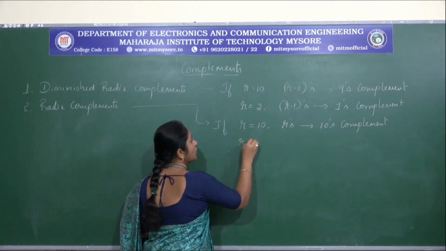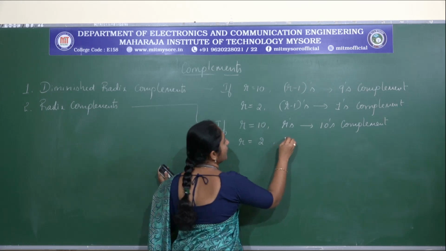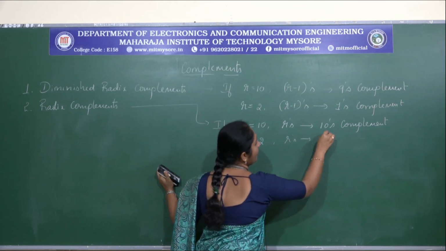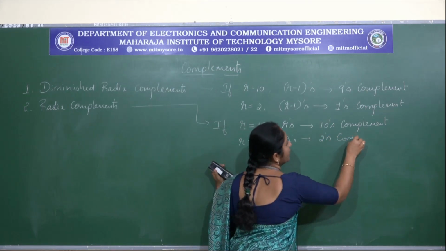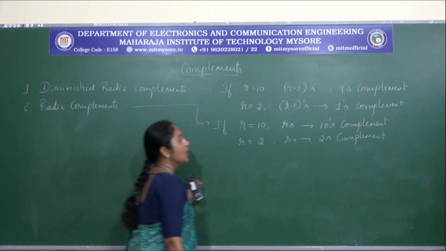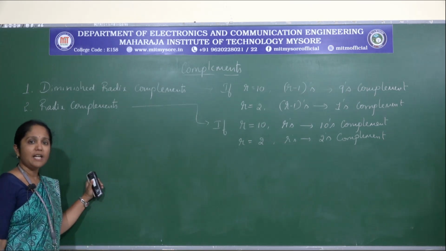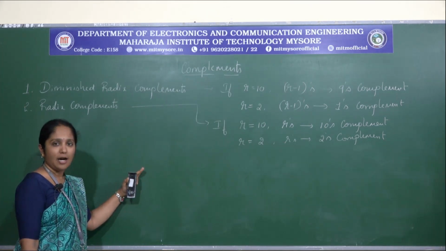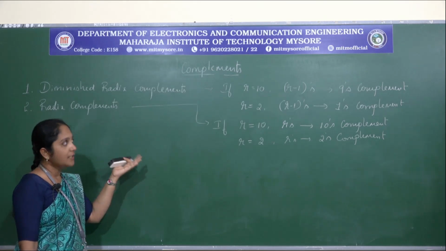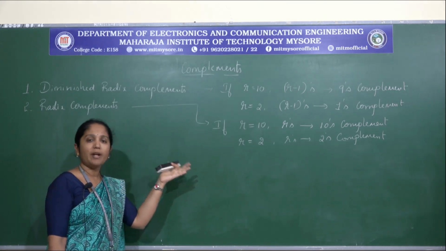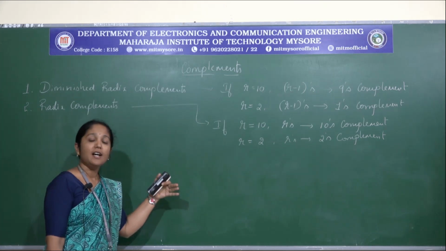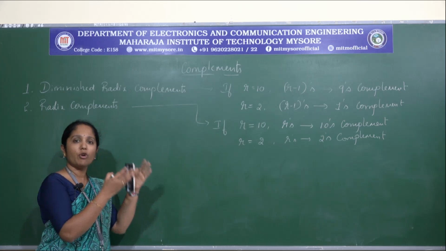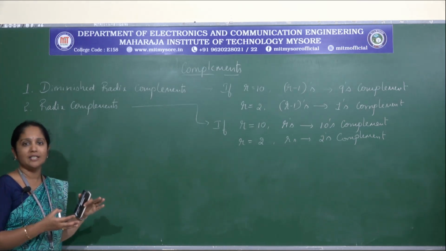And if the base is 2, it is again r's complement, which means 2's complement. Therefore, in today's class we will be learning the r's complement and r minus 1's complement, in other words 10's complement, 2's complement, 9's complement and 1's complement. These are the four different types of complements we are going to learn today.